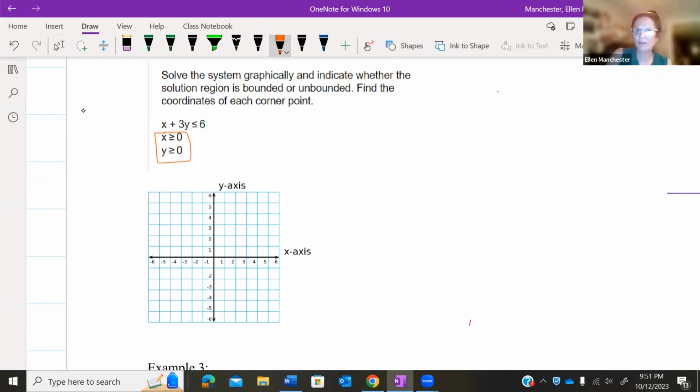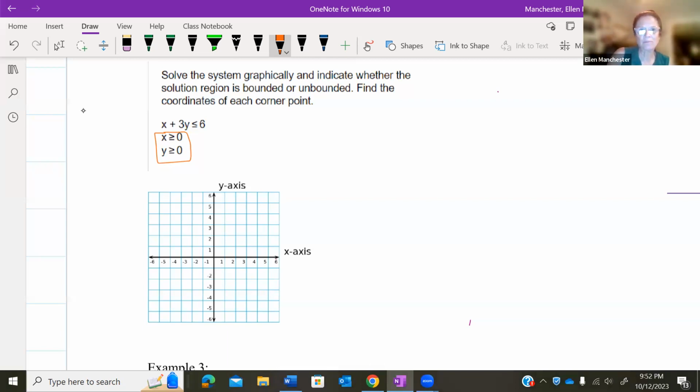This is the everything's positive restrictions. So even on your paper, remember you're doing this on paper first. If this was a question in my math lab, I would write it on paper, graph it and shade it on paper. And then I would answer the question in my math lab. Don't just go right to my math lab, because my math lab is very picky with how you graph it.